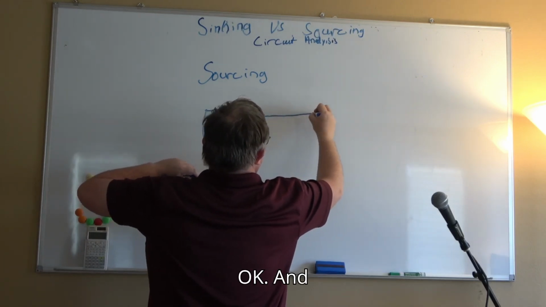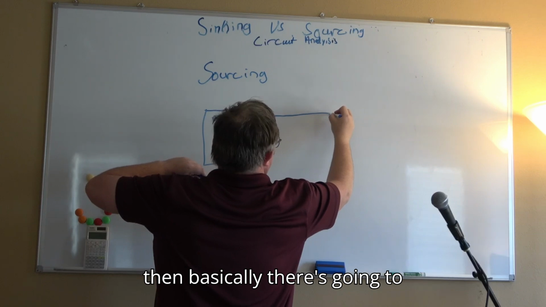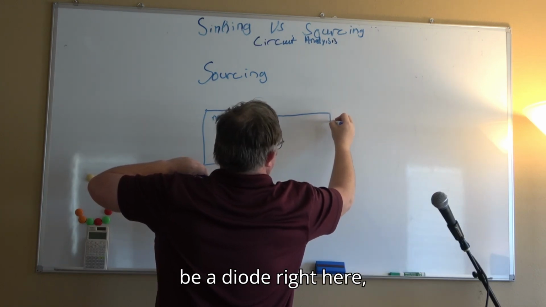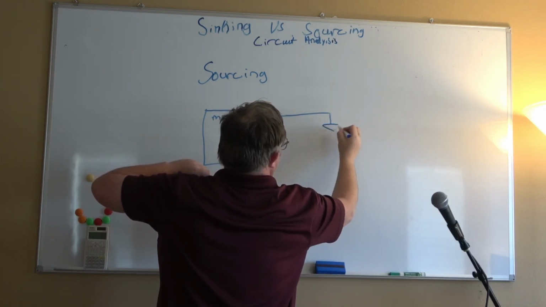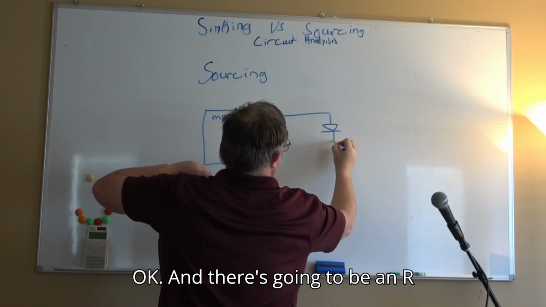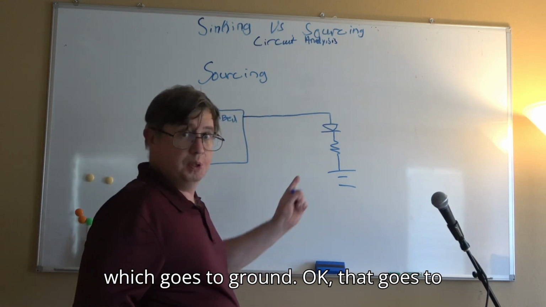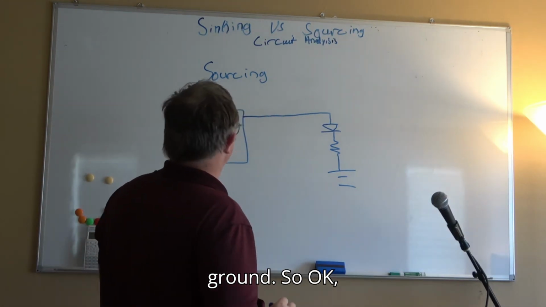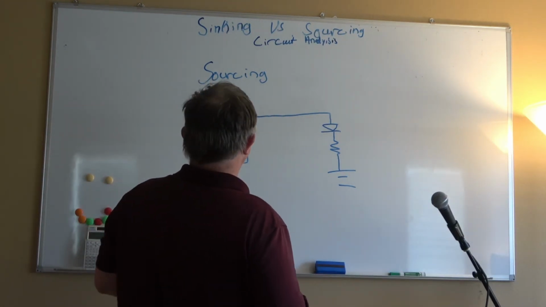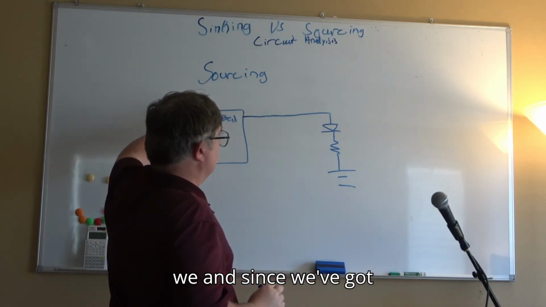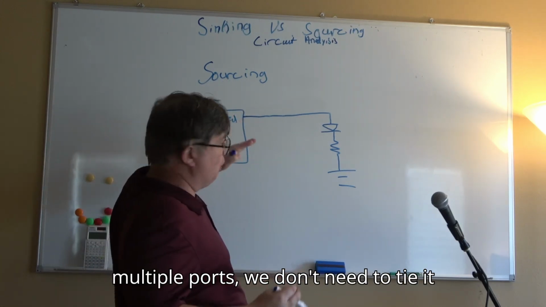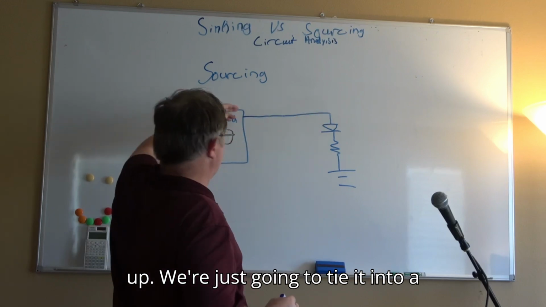Then there's going to be a diode right here, and an R which goes to ground. Since we've got multiple ports, we don't need to tie it up. We're just going to tie it into a port.